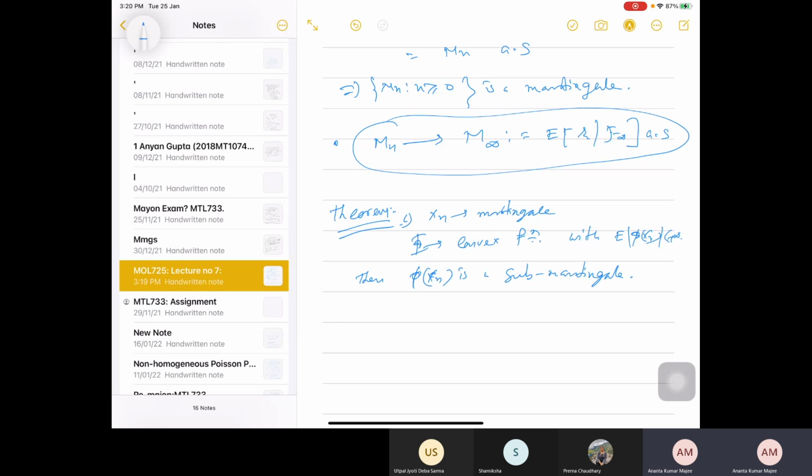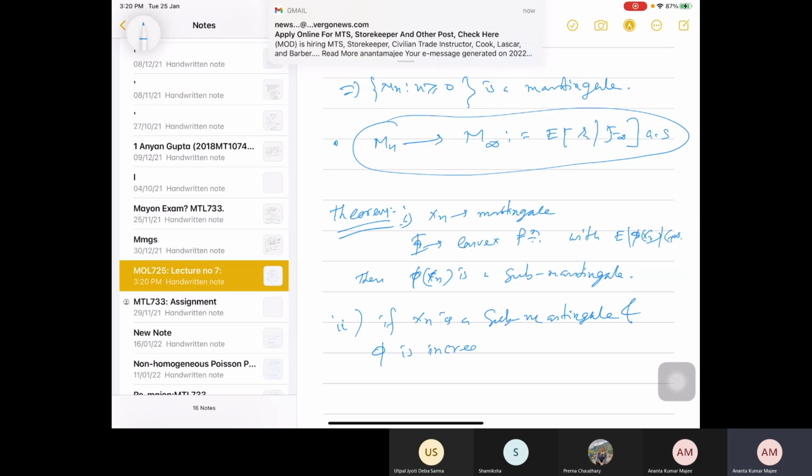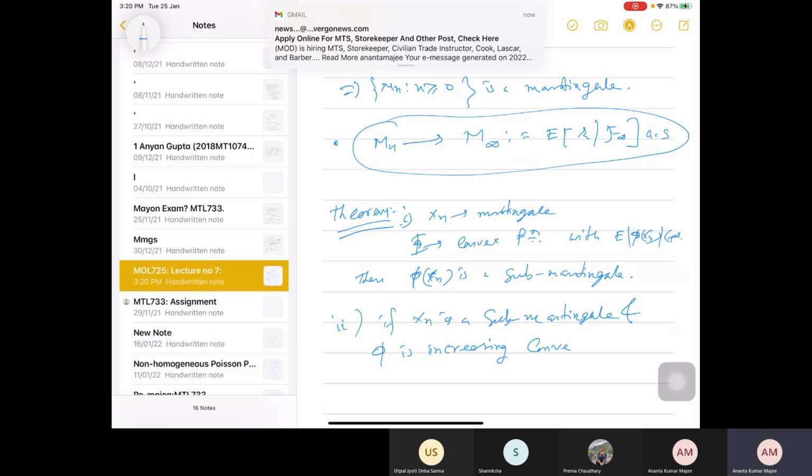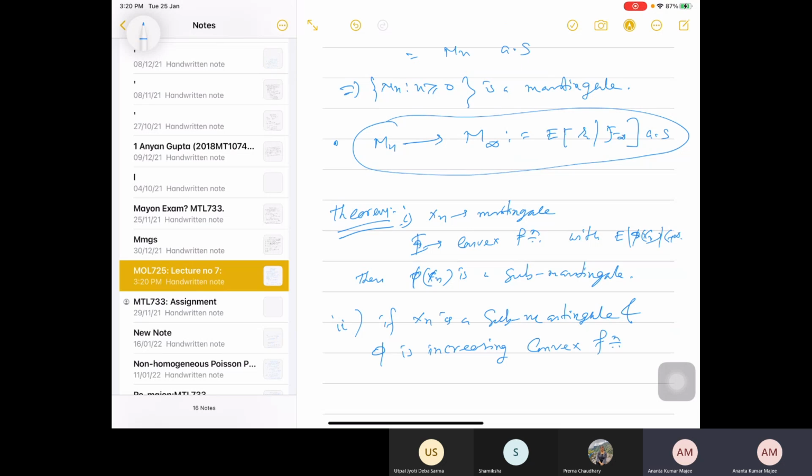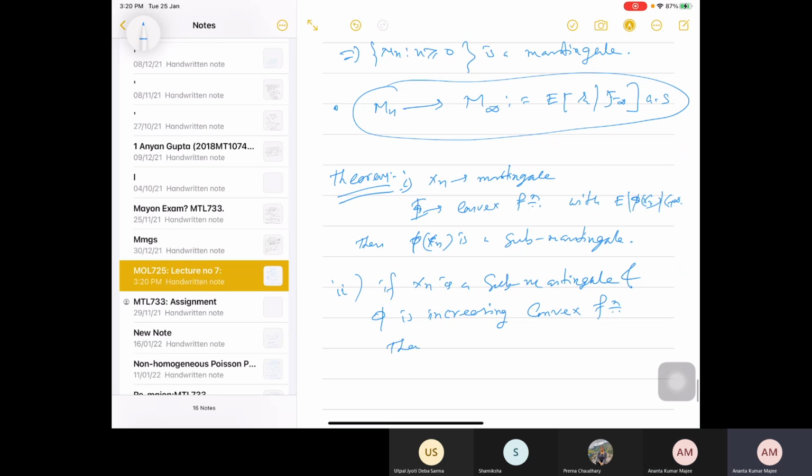This is my part 1. And part 2: if Xn is a submartingale and now phi is an increasing convex function with that same property, then phi of Xn is a submartingale.